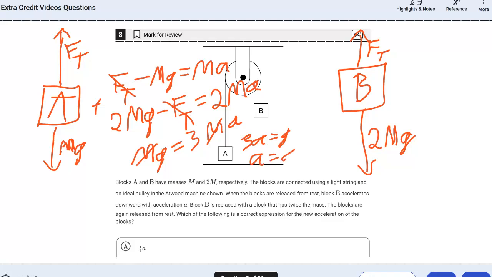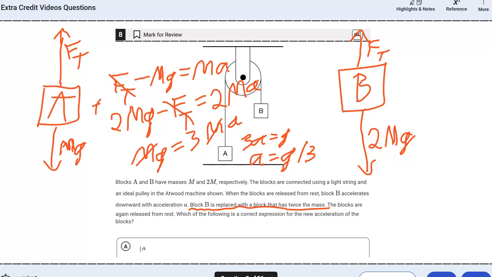So a equals g over 3. We have to store that for later, because now we need to find the relationship between that acceleration and the acceleration if the mass of block B is doubled.